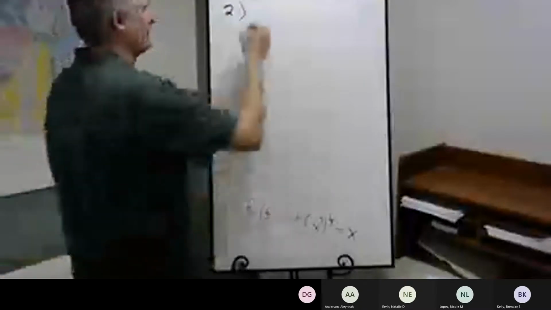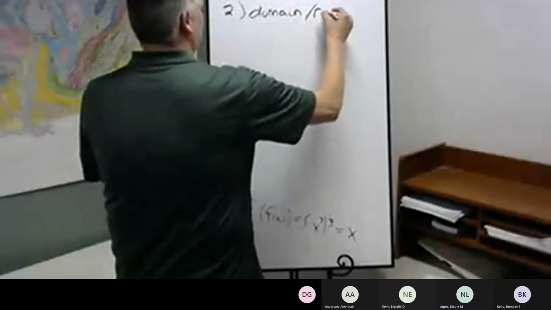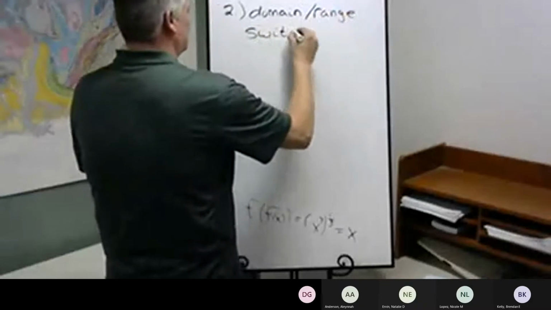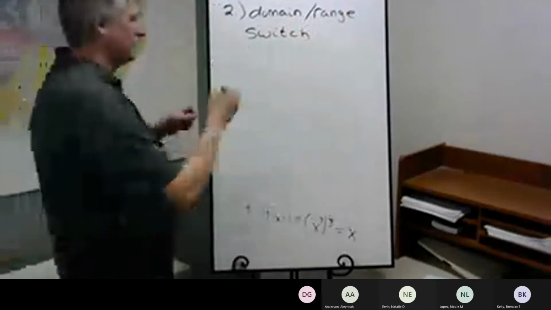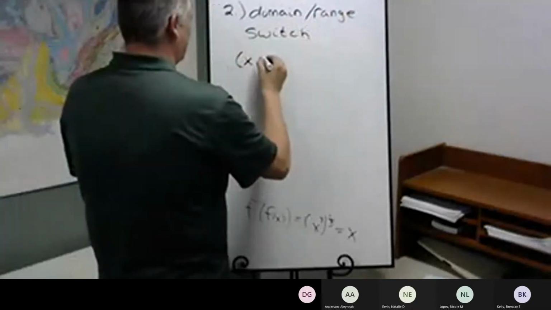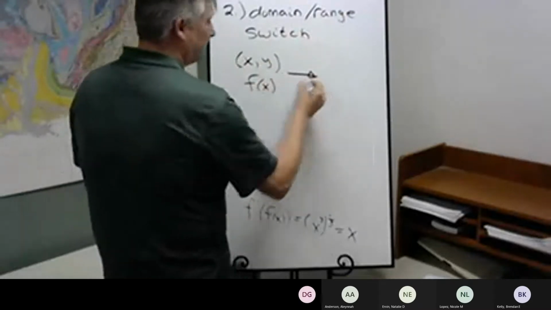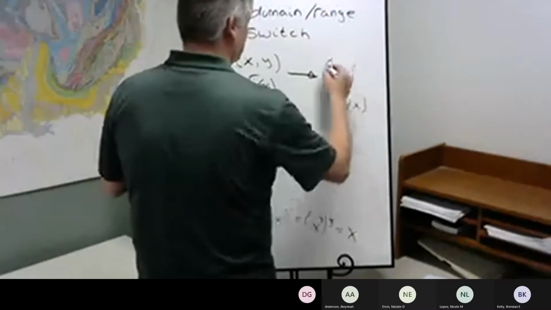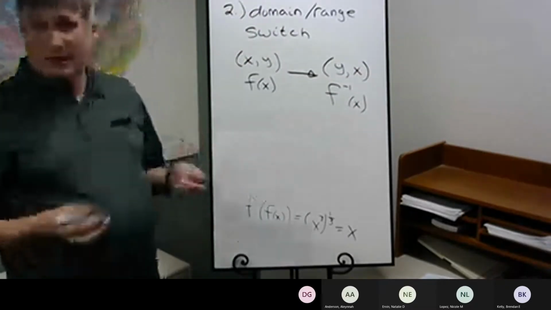The second property is that the domain and ranges switch. So if we have a point xy for f of x, for f inverse, we're going to get points y comma x.